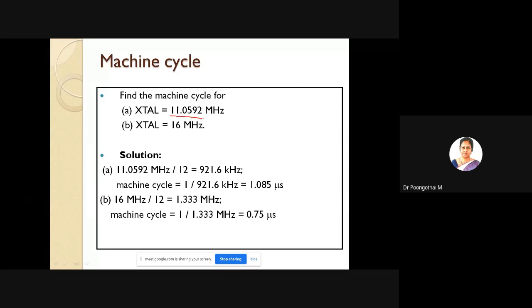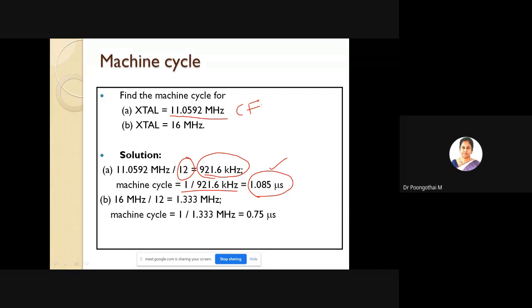This is your crystal oscillator frequency, divided by 12, which gives 921.6 kilohertz. I am converting this frequency into time period, so 1 divided by 921.6 kilohertz. So the time required for one machine cycle is 1.085 microsecond in case of 11.0592 megahertz crystal oscillator frequency.